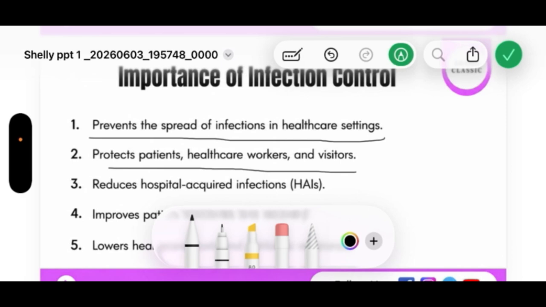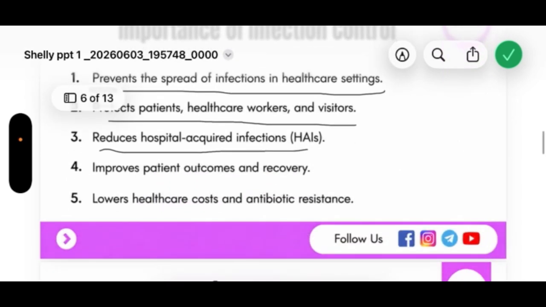We can save patients, our own health workers, and also visitors or family members. Then, reduces hospital acquired infections. The infections which come from the hospital or during the stay in the hospital are called hospital acquired infections. If we take proper measures to prevent infection, then the hospital acquired infection rate will also decrease.